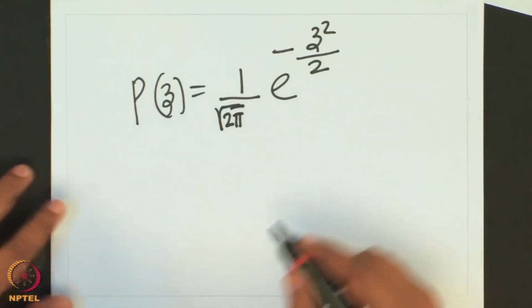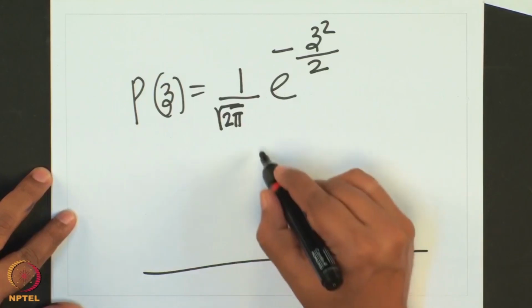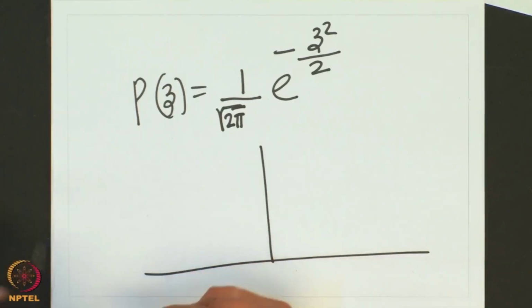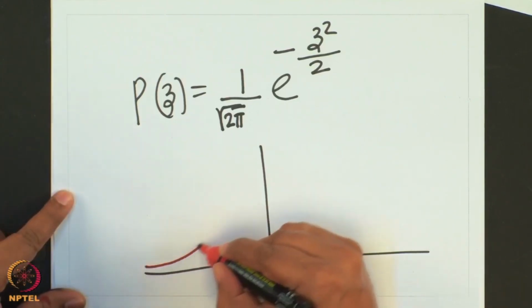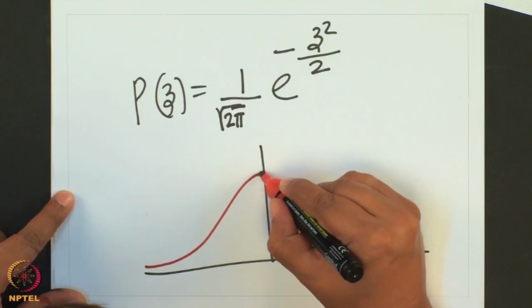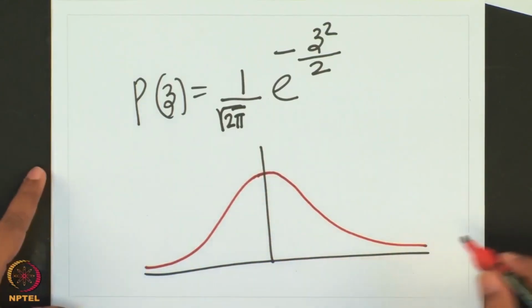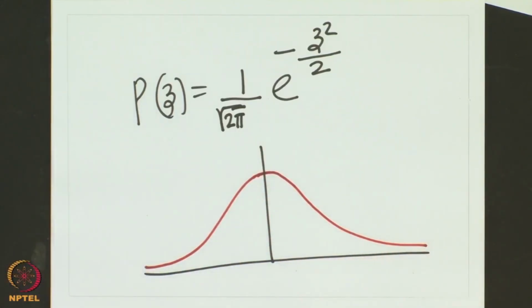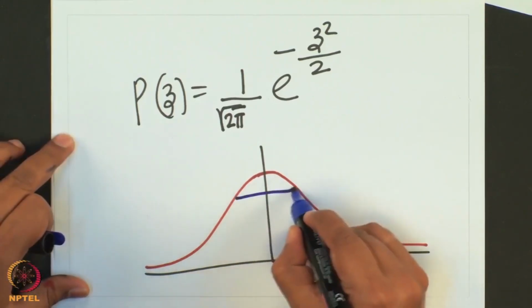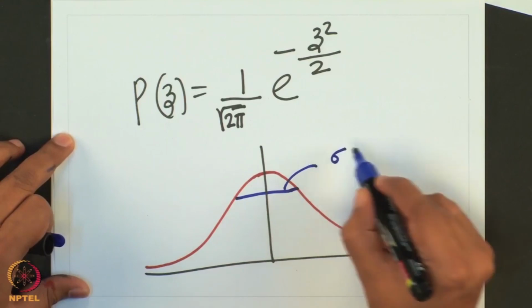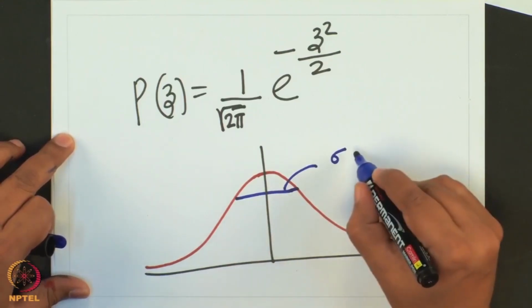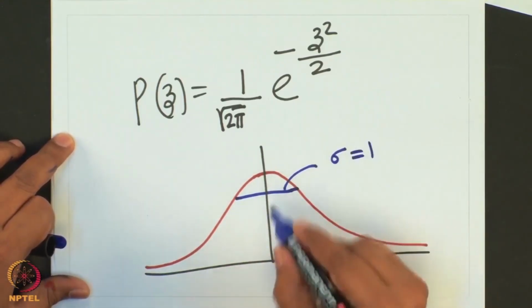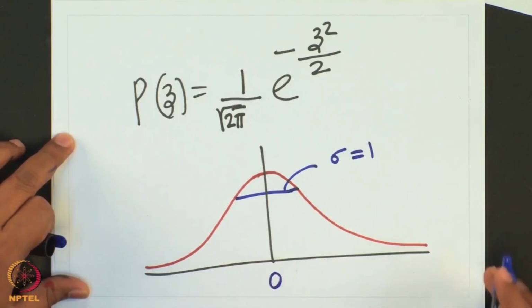That means the distribution looks like a normal distribution with standard deviation equal to 1, so it has a width sigma of 1, and the mean is 0.